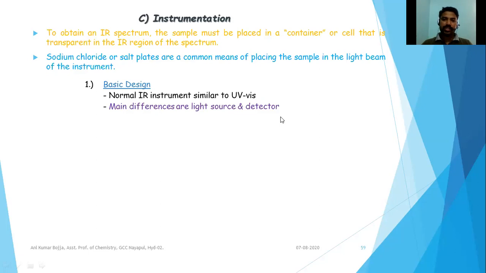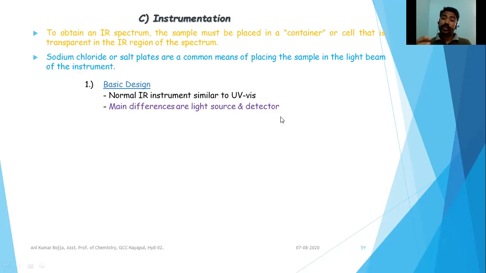the light sources will be different, and the detectors will also be different. In the case of a nuclear magnetic resonance spectrometer, the detector must have high sensitivity, because small energy changes take place during the excitation, during the coupling process of chemically non-equivalent protons. Here, for vibrational changes, the energy required is a little more.